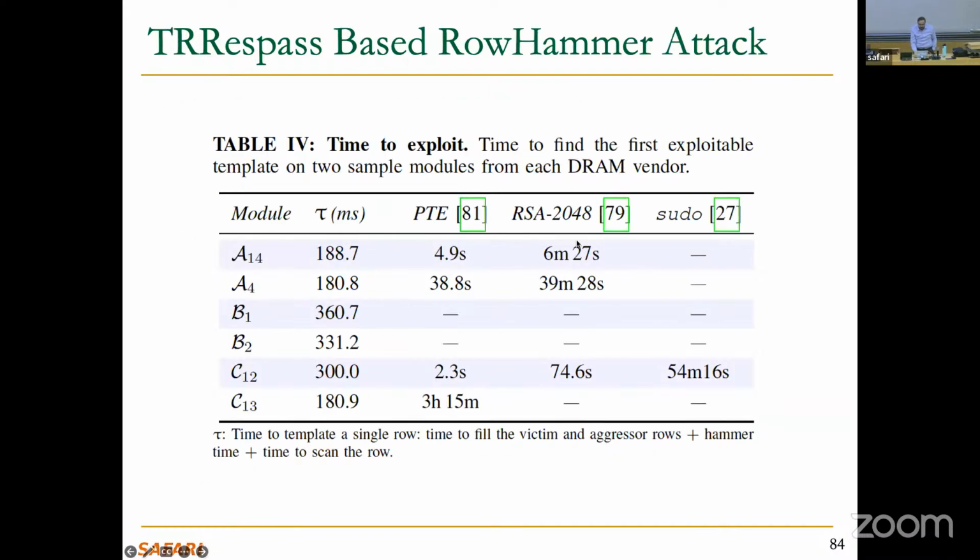For stealing your RSA key, for example, they only need like 6 minutes of this attack, or for modifying your page table entries, it's very quick, like in 5 seconds, they can have root privileges, for example.